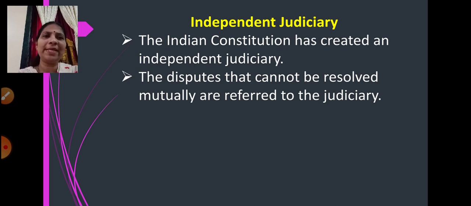For a simple example, if there is a robbery, a theft, and the thief is caught, he will be brought before the law and punished. All that is not done by the government; it is done by an independent body known as the Indian judiciary. So disputes which cannot be resolved mutually are referred to the judiciary.